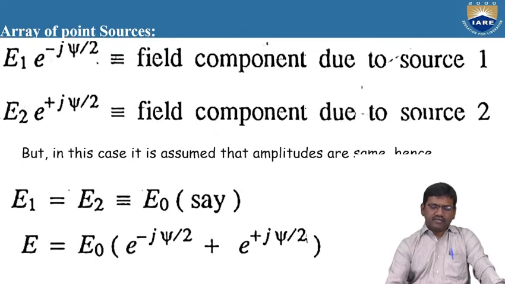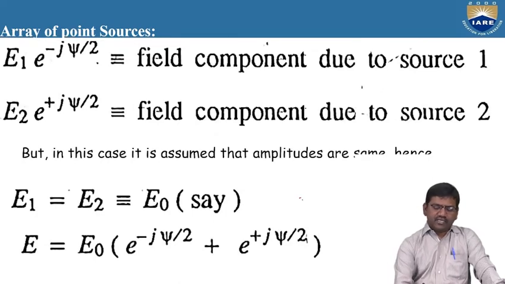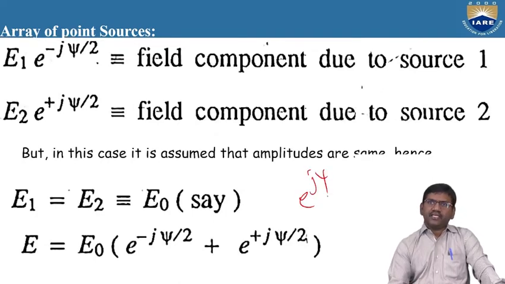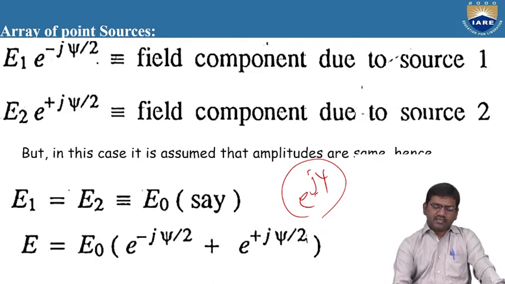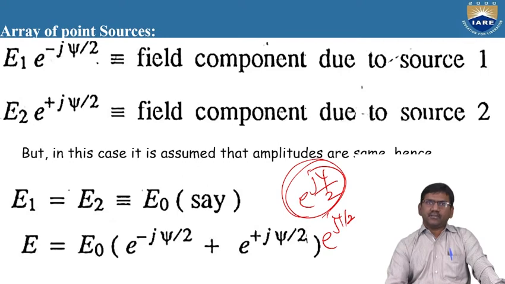Generally any wave equation we name as e power j psi. That means here the waves are coming from point source 1 and point source 2. Hence we are dividing this e power j psi as j psi by 2 for one point source and j psi by 2 for the other point source. One is leading, that means the waves produced by one point source are leading, and the other point source's waves will be lagging.